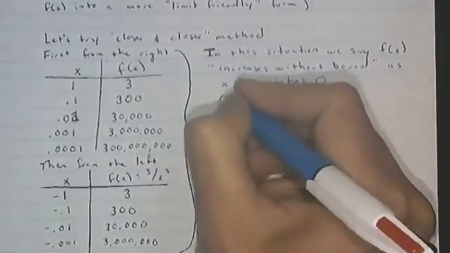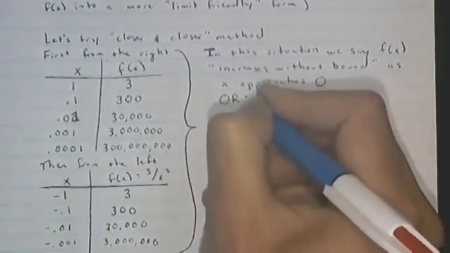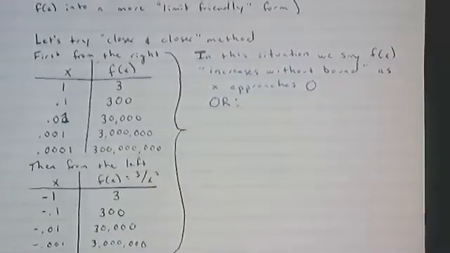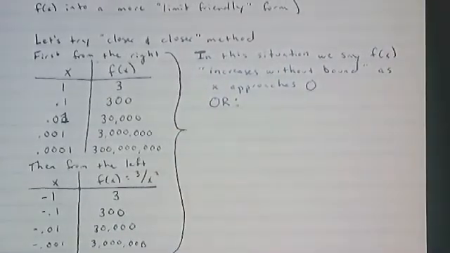Or, and this is sort of stealing some language that we haven't spent too much time with, but that I'm planning to have us spend some time with before the end of the chapter.